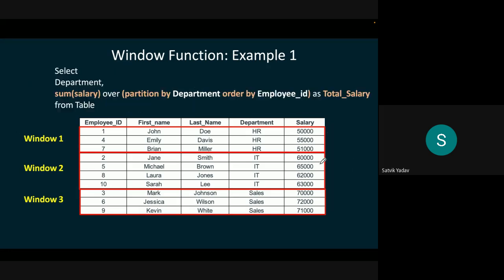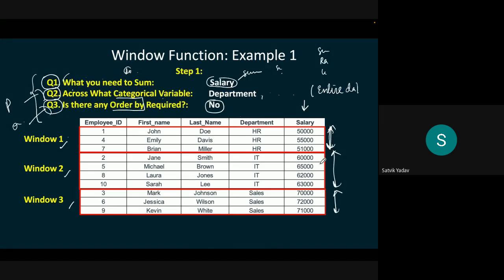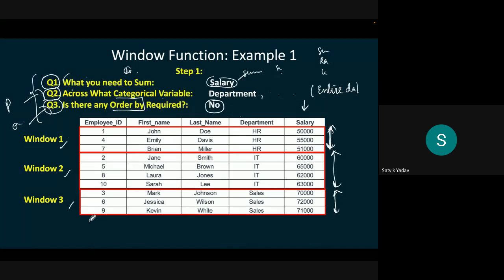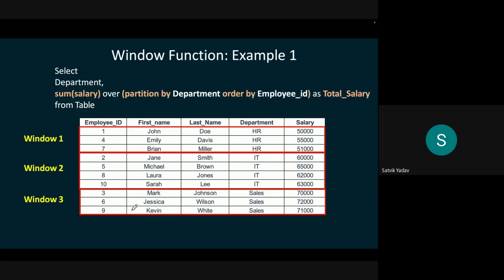Okay, so how to write down the code for this? You will do sum of salary. Now remember, inside rank we were skipping the value inside. But that is optional. We can mention the variable across which we are doing rank. For example, we were doing it across salary, so we can mention it or not mention it. It's optional.